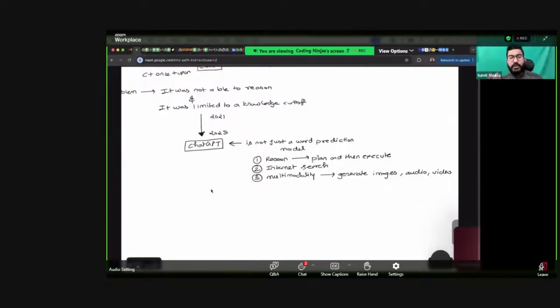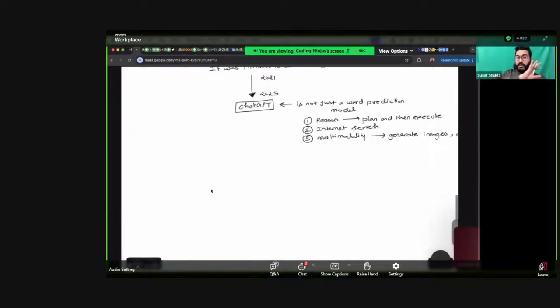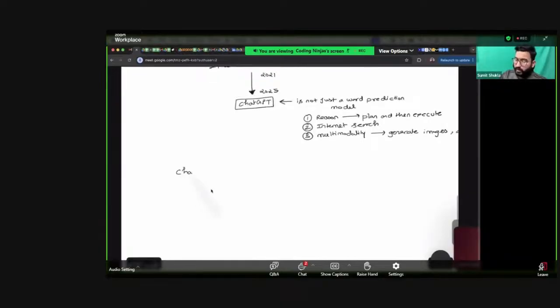But if I talk about the latest model of Gemini, it is able to generate image, audio, and video also, right? So I hope you guys are able to understand the entire evolution of how a chatbot became ChatGPT, which became the AI as we use today.